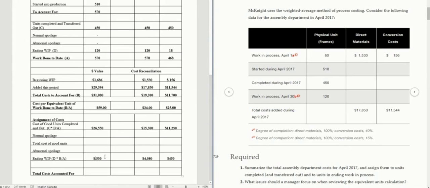And if I typed it in properly, it would have been better. 4,530. And just to check, does this plus this add up to 31,080? And indeed it does. So I did it right.